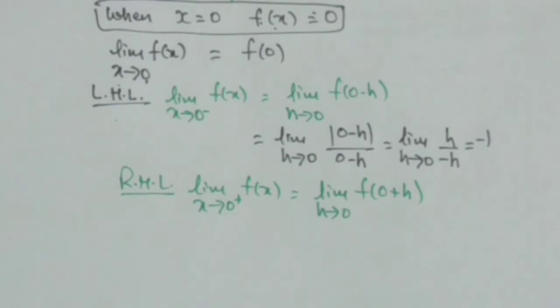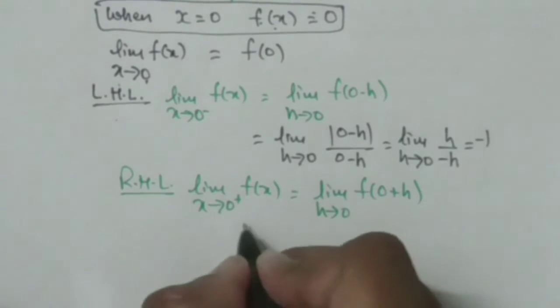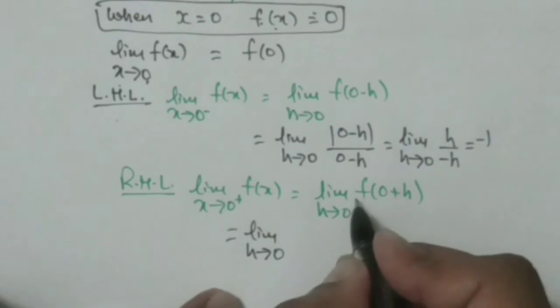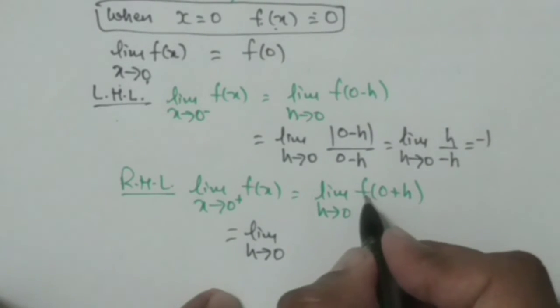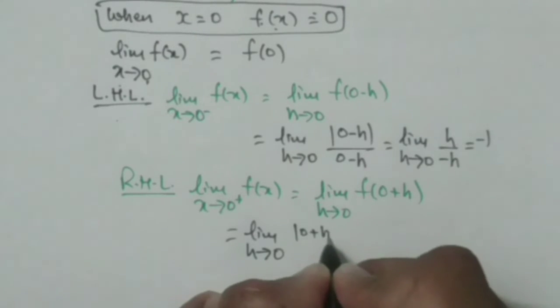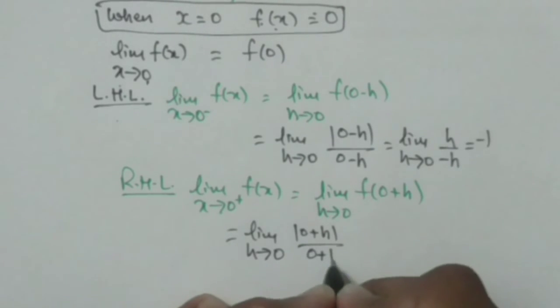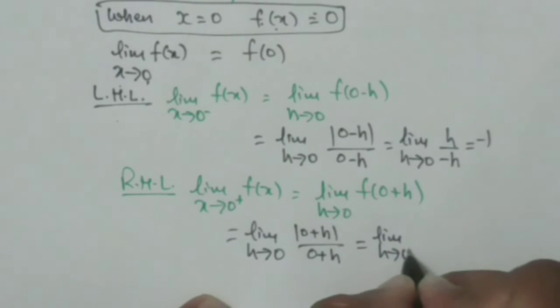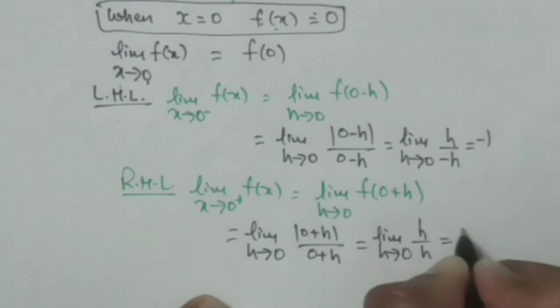According to the definition of function f(x), f(0 plus h) will be mod of 0 plus h upon 0 plus h, and it will be equal to limit h tends to 0, h upon h is equal to 1.